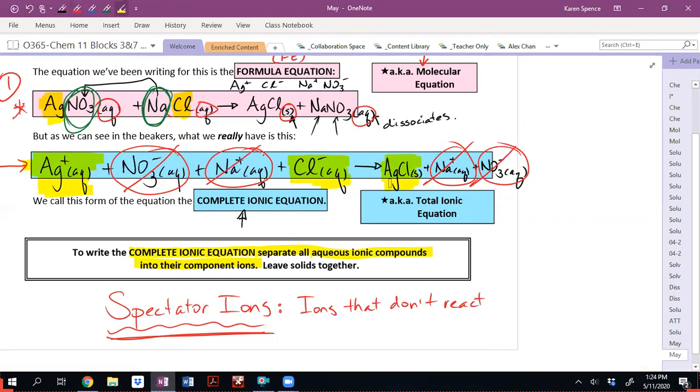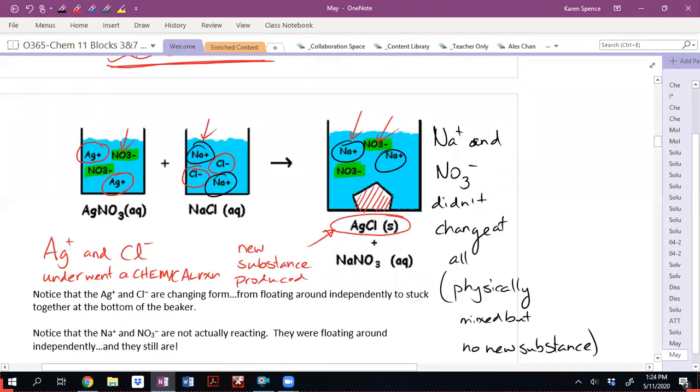Okay? So 3 types of equations. Formula equation, all the formulas are written together. Nobody is separated. Complete ionic equation, everyone who's aqueous separates, everyone who's solid stays together. And then for our net ionic equation, we cancel out the spectator ions.